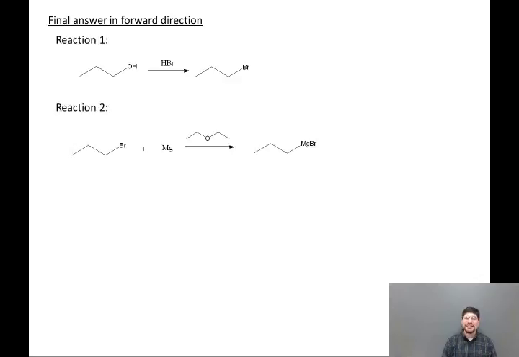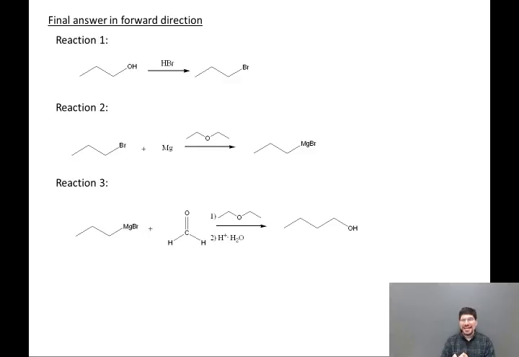Reaction 2 is the reaction of 1-bromopropane with magnesium in ether as a solvent to give propylmagnesium bromide. And then finally, in reaction 3, propylmagnesium bromide reacts with formaldehyde. First mix them together in ether, then add aqueous acid to do the workup, and that will give you the final product we want, which is 1-butanol.